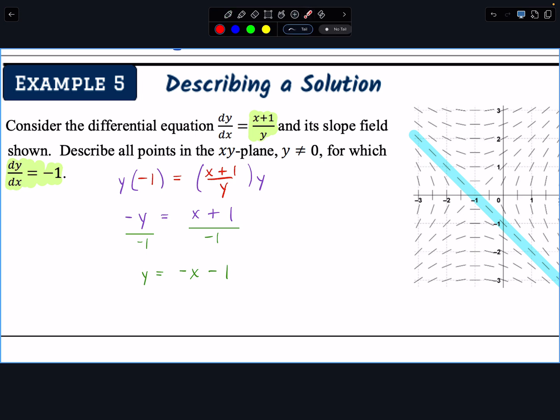Now this should make sense because what's the slope of this line? -1. And then we say that this looks linear. That equation is -x minus 1. That's actually pretty cool. So this describes all points. So we're going to say all points that lie on the line y equals -x minus 1.